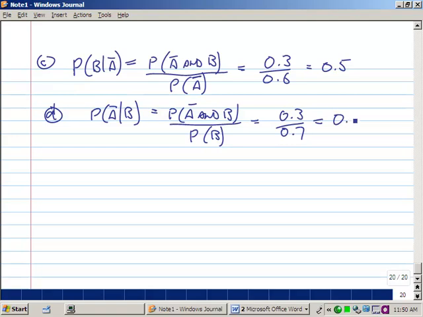My calculations tell me that's 0.4286 to 4 significant places.